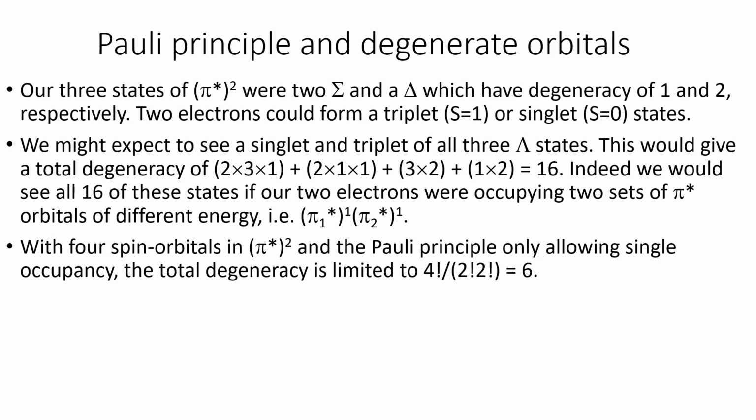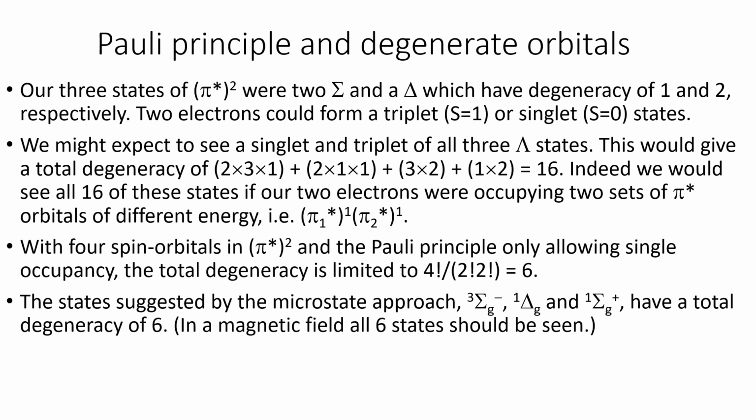And so 6 is the degeneracy that we observe. Yes, we have only 3 energy levels, but don't forget that the triplet state is 3-fold degenerate with spin, and the delta state is 2-fold degenerate with orbital angular momentum, plus or minus 1. Adding those together, you have a total degeneracy of 6. We observe 3 energy levels, but there's a total of 6 possible states.